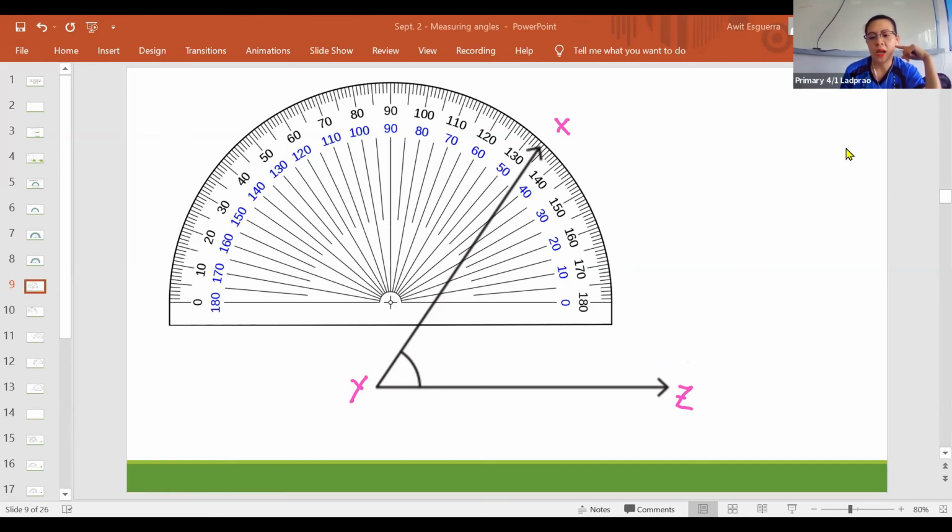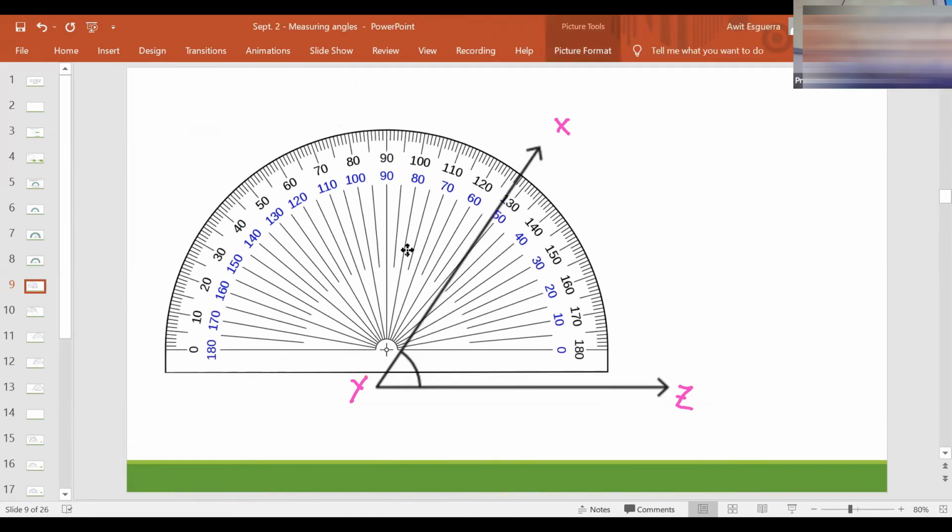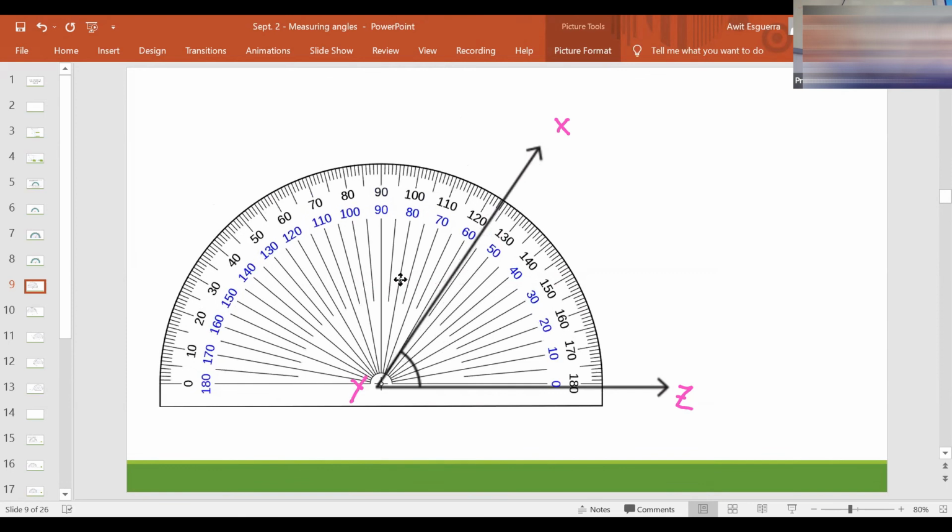What is our vertex? The vertex is Y. This is our center mark, and we're going to align this to the vertex.